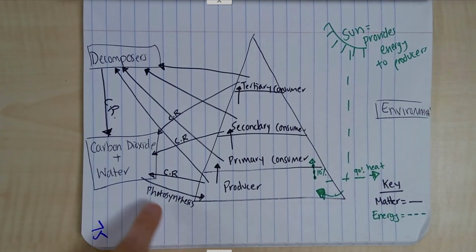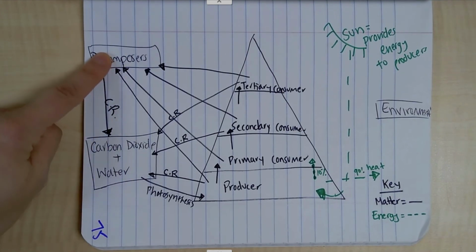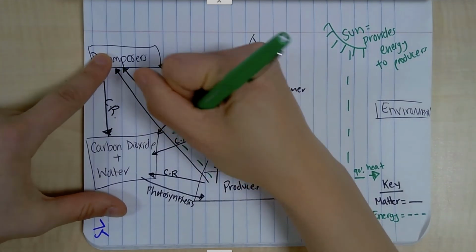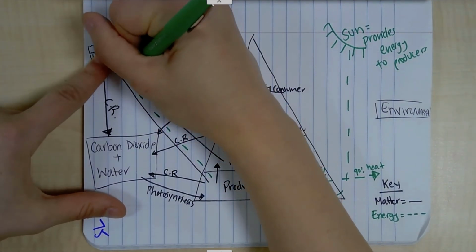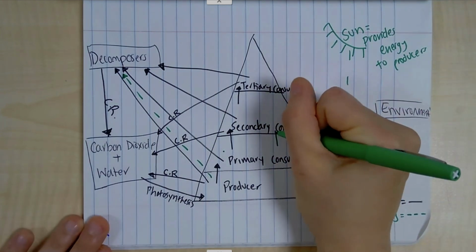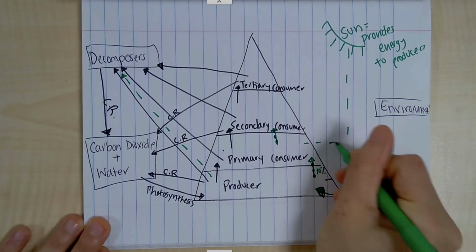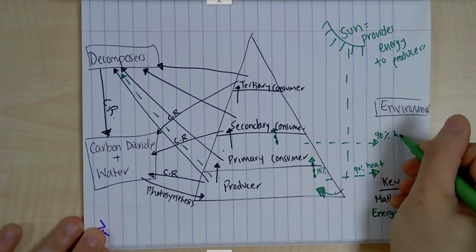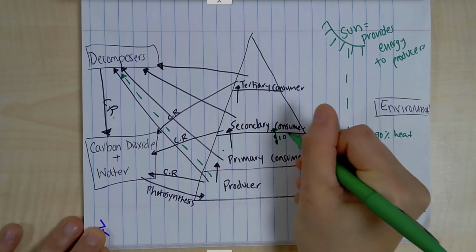Also, don't forget that the decomposer could end up eating it as well. So that's our dash. Same thing with our primary consumer. And then 90% gets released as heat back into the environment. This is our 10%.